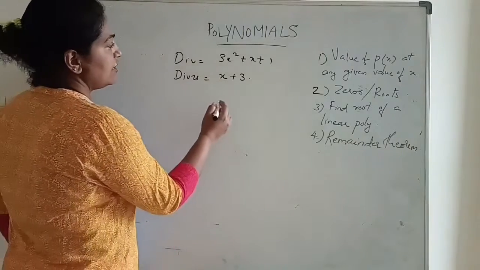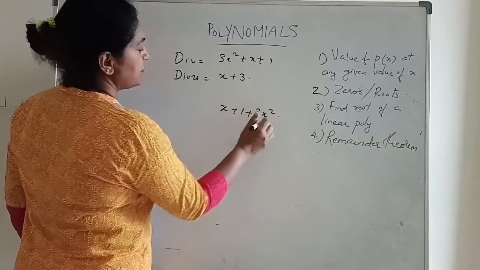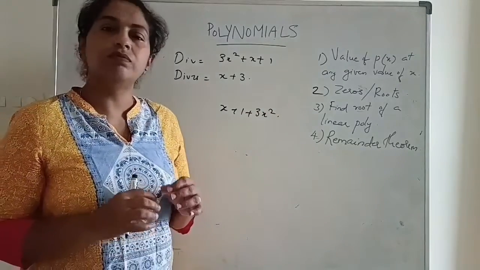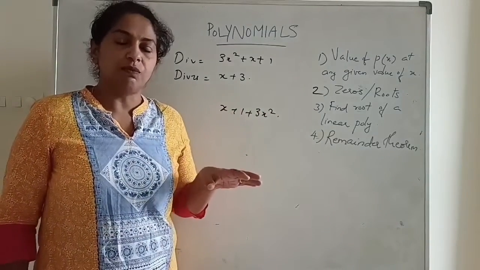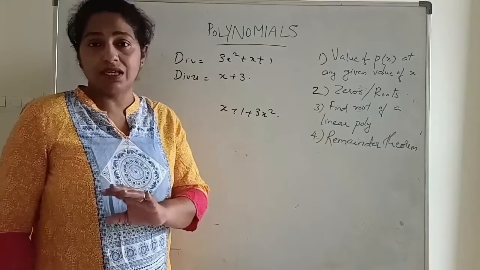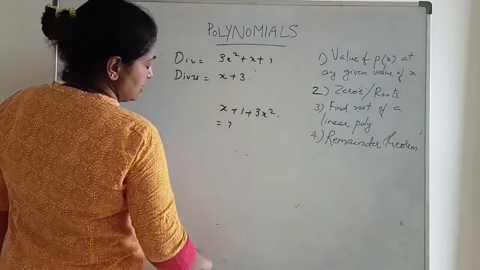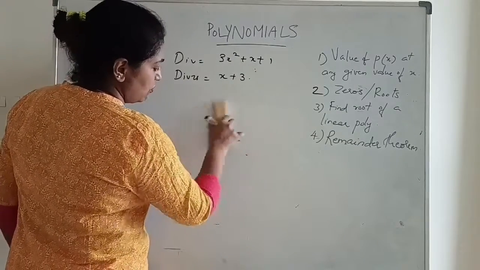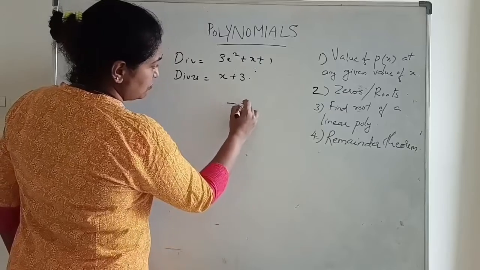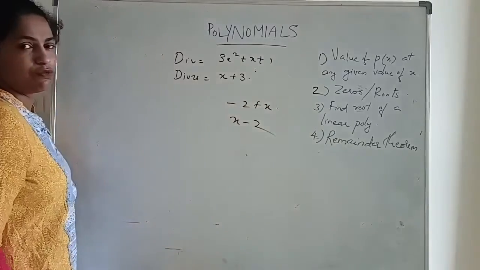Sometimes your dividend can be given as x plus 1 plus 3x square. Basically the terms could be jumbled up. If the terms are jumbled up, it is your job to arrange it in a proper decreasing degree order. So arrange it as 3x square plus x plus 1. Similarly, the case with divisor also, they could give you the divisor as, suppose, minus 2 plus x. It is your job to arrange it as x minus 2.